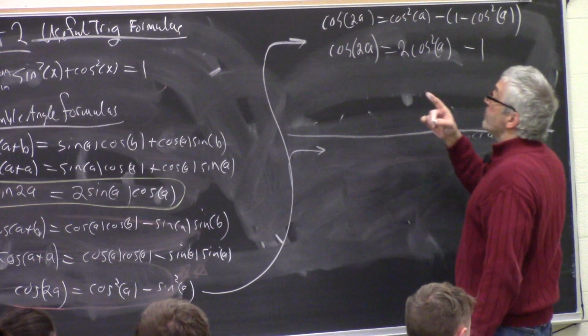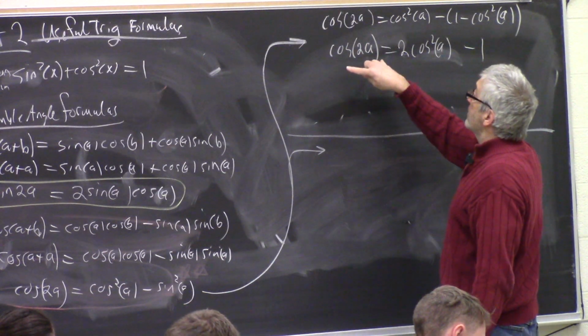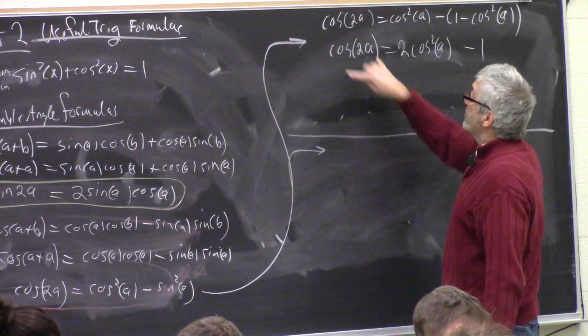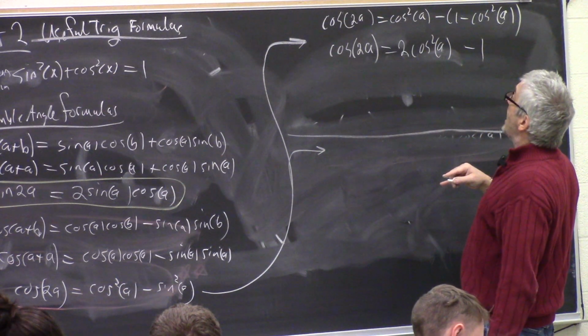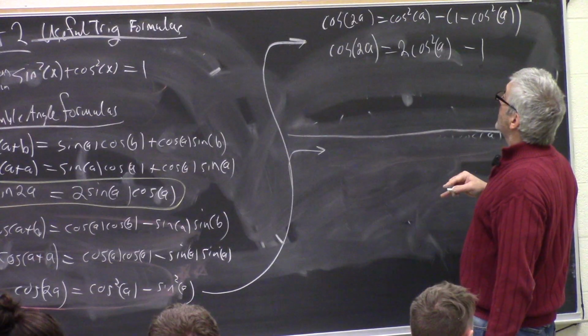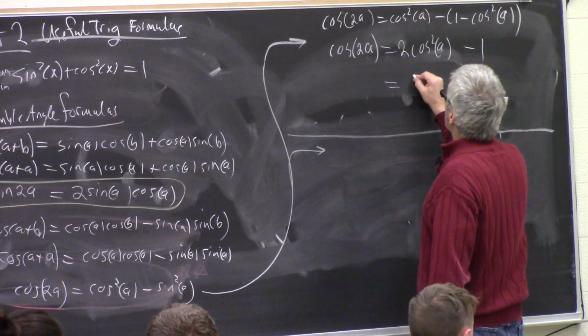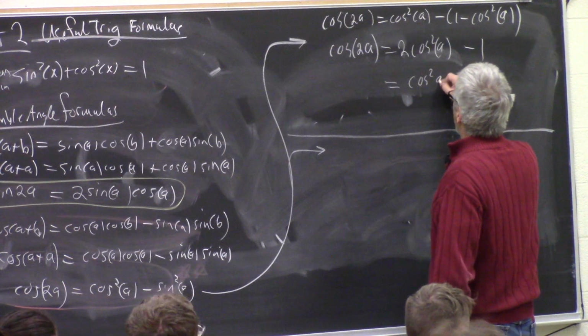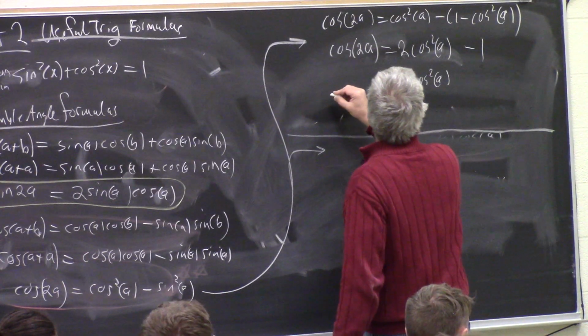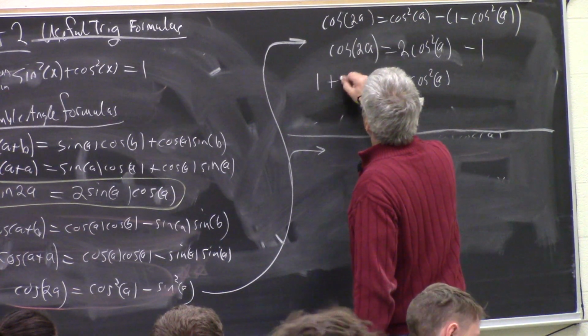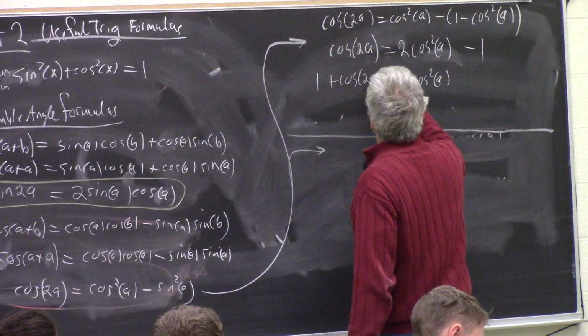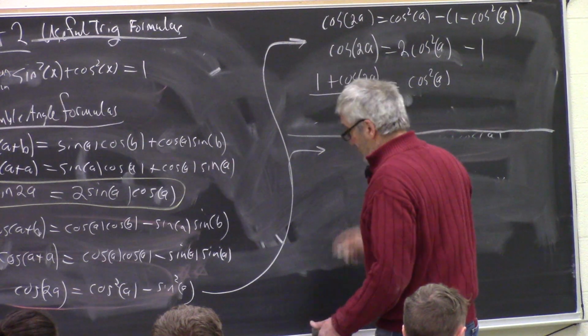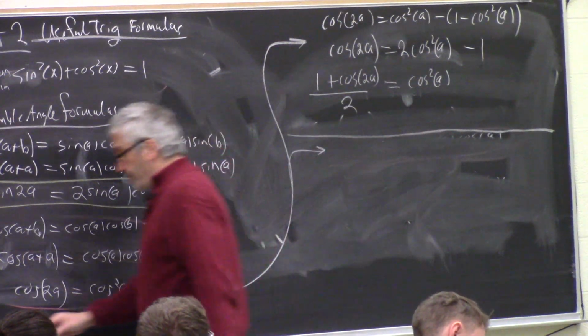So this would be useful going either direction. If you got one of these, you can replace it with one of these. Now I'm going to rewrite this. I'm going to add 1 to both sides, and then divide by 2, and I get this. Cos squared A equals 1 plus cos 2A all over 2. Now that one is going to often be useful.